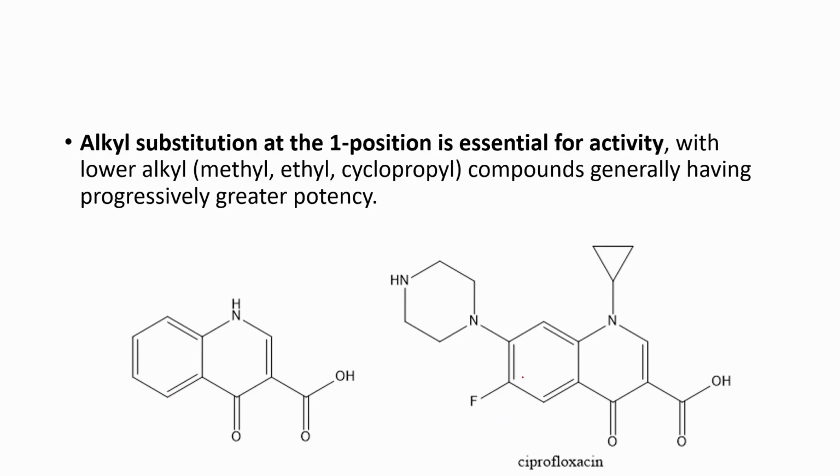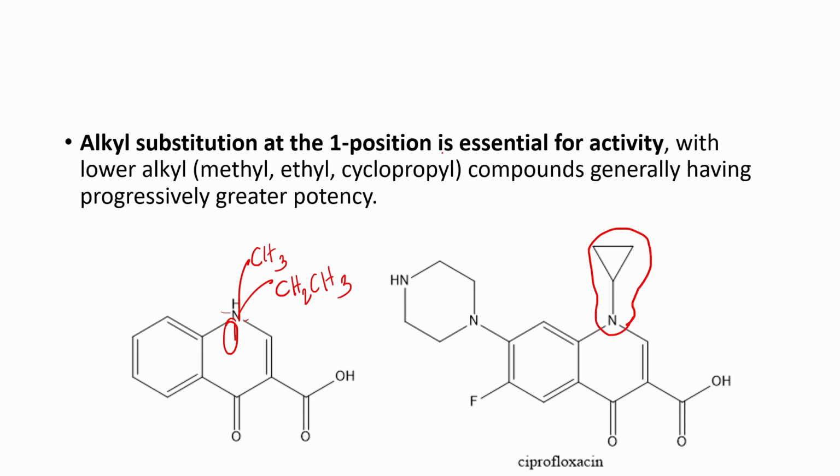Next, alkyl substitution at the 1 position is essential for activity, with lower alkyl substituents generally having progressively greater potency. So in the 1 position, you see 1 here, you can substitute a methyl. You can also substitute an ethyl if you want to, and you can also substitute a cyclopropyl like you can see in our ciprofloxacin, levofloxacin.